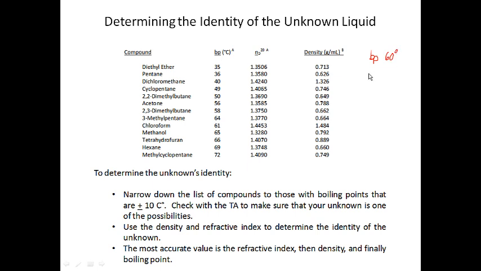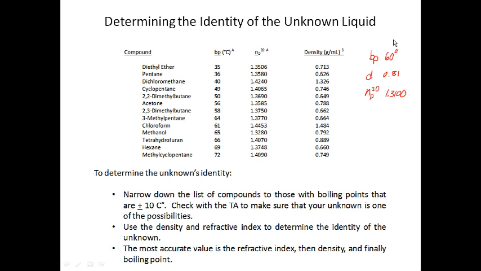And let's say I got a density of, I don't know, how about 0.82, 0.81 grams per mil. And I get a refractive index corrected back to 20 degrees of something like 1.3100. Okay. Hopefully these work out because I'm just making them up.